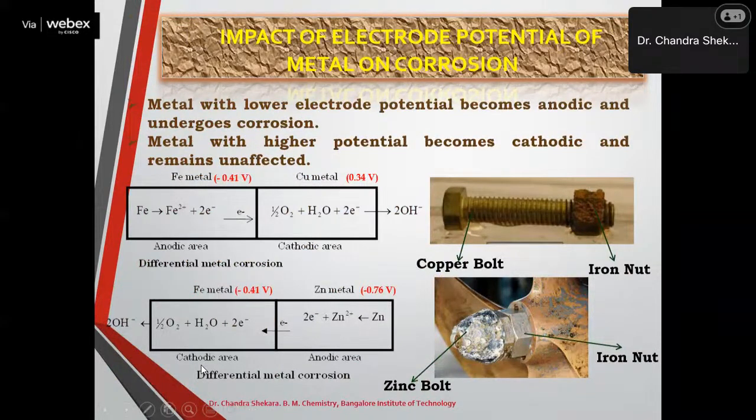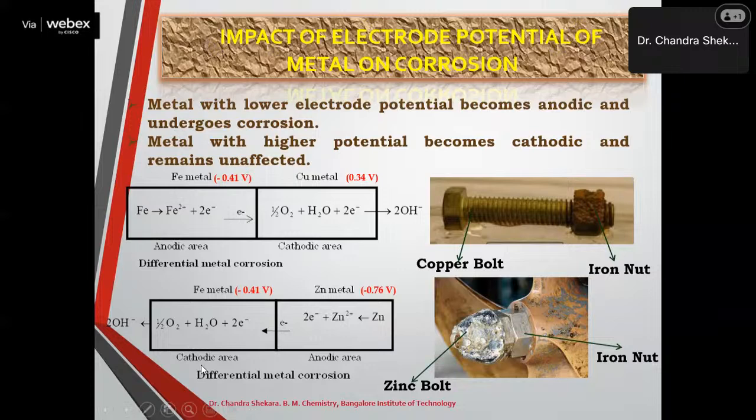For a few particular applications, we commonly use two or three different kinds of metals. When we use two different metals together, the rate of corrosion depends directly upon the difference in potential between the two metals. This type of corrosion we call differential metal corrosion.